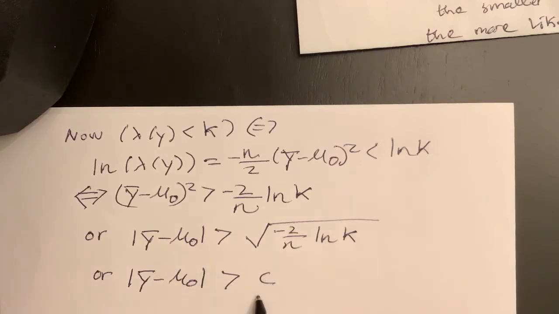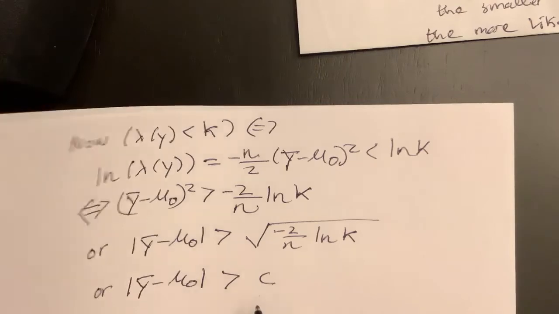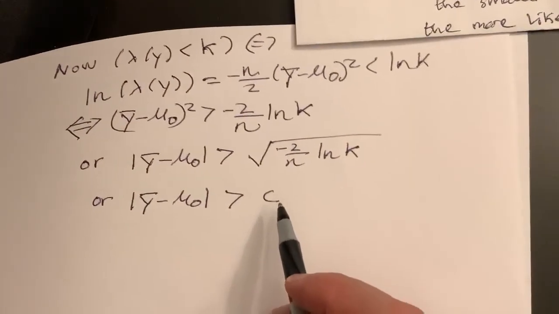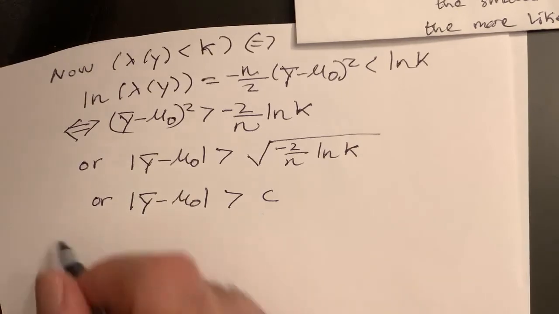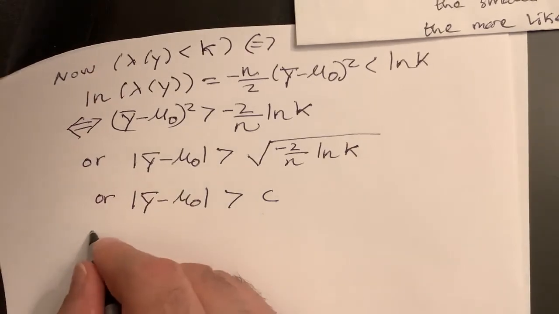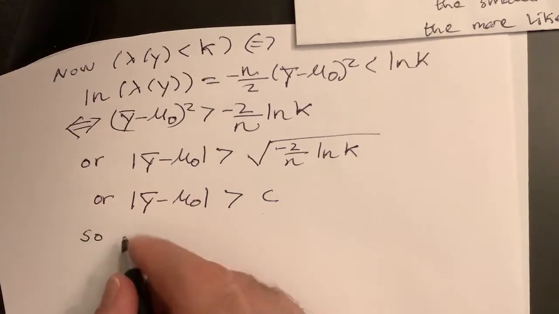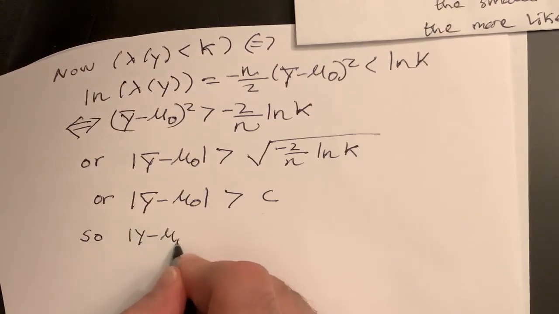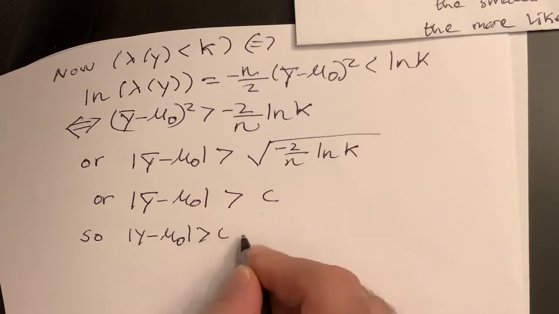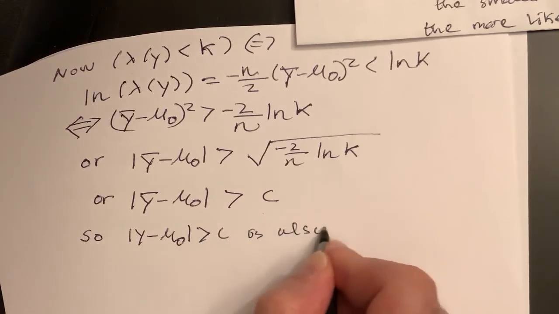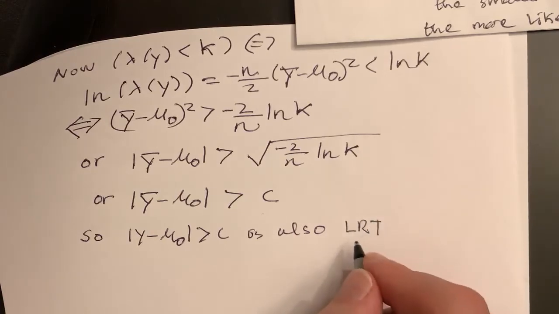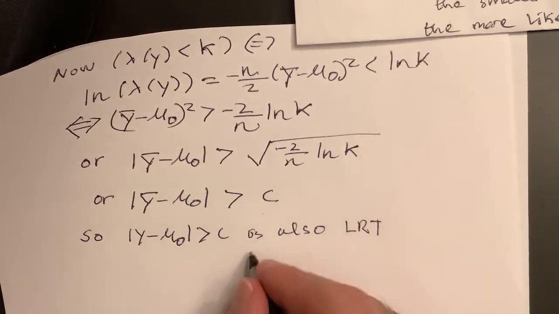Now I can just replace this with c, and I could just use this as the test. I don't really ever have to go back to the k. So let's write this down. The test, y bar minus mu 0 greater than c, is equivalent. So it's also the LRT for this test.